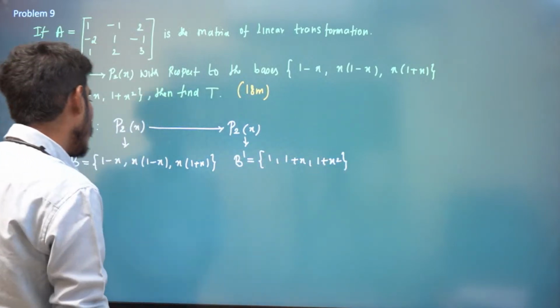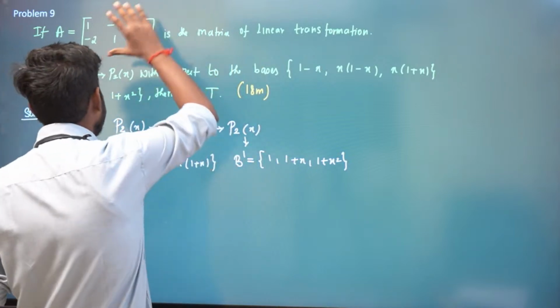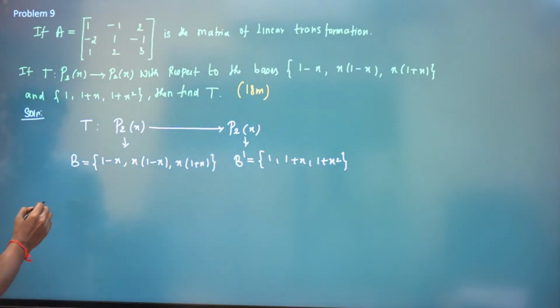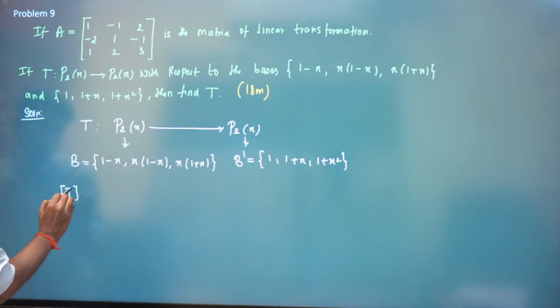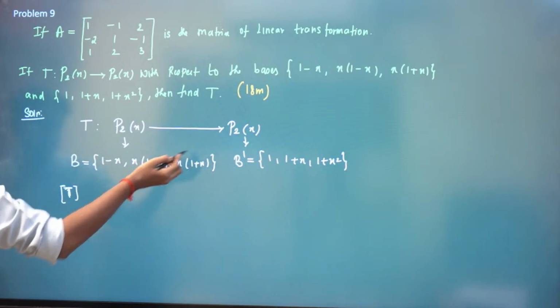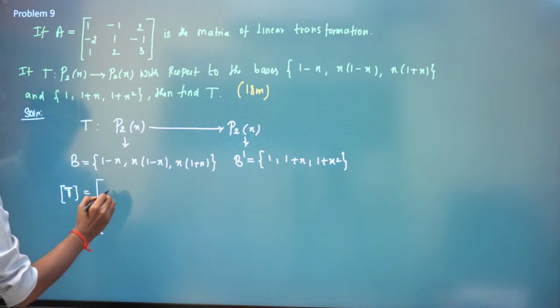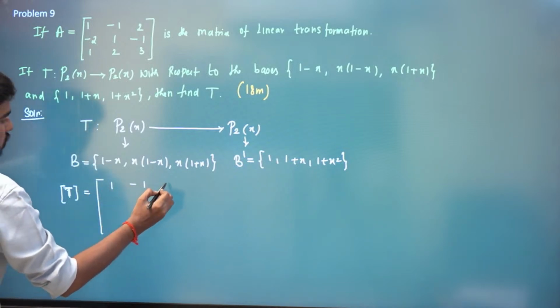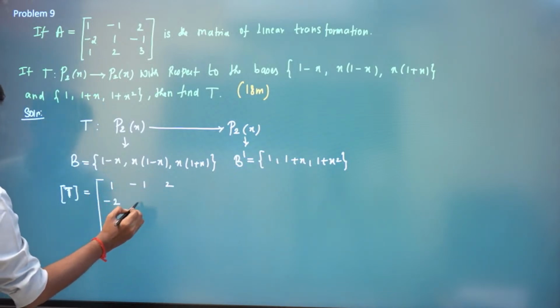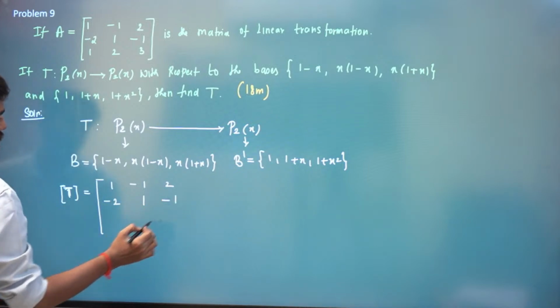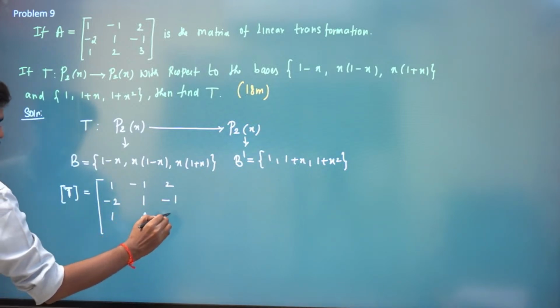Now the matrix of T with respect to the basis of domain and codomain space is given by the matrix 1 minus 1 2, minus 2 1 minus 1, 1 2 1 3.